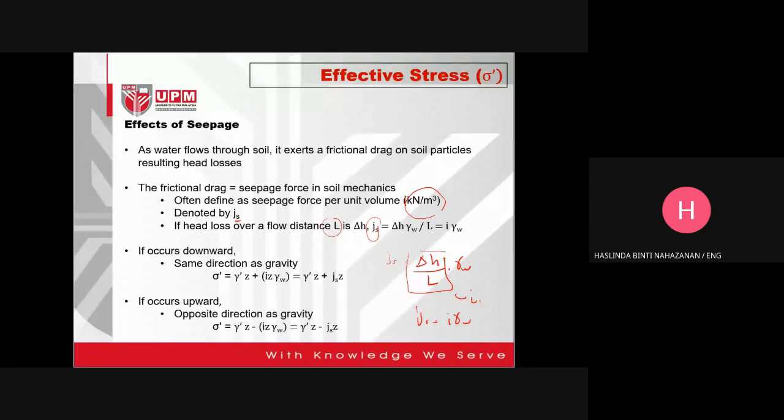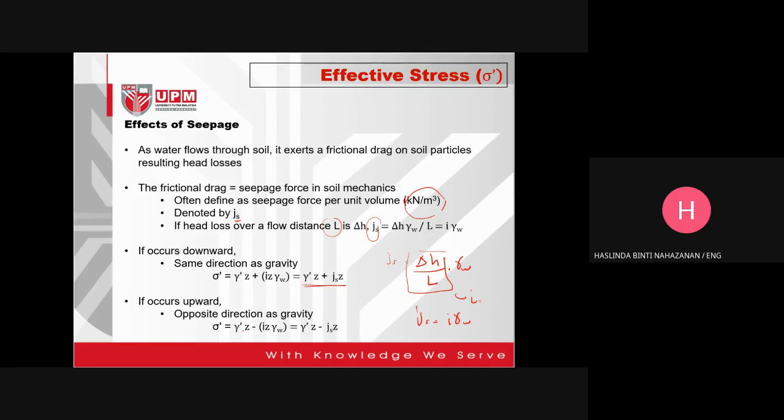If the seepage occurs downward, in the same direction as gravity, it increases the effective stress: gamma prime Z plus I gamma W multiplied with Z. And if it occurs upward, opposite to the direction of gravity, you have to subtract.